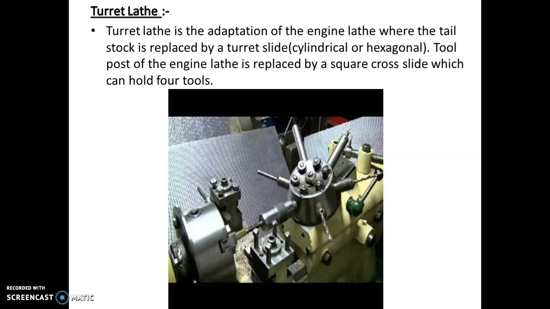It is an adaptation of the engine lathe where the tailstock is replaced by a turret slide that is cylindrical or hexagonal. Here in this picture, 6 types of cutting tools are mounted on the turret, and the front cross slide holds 4 tools.